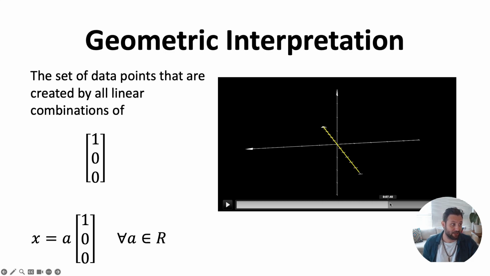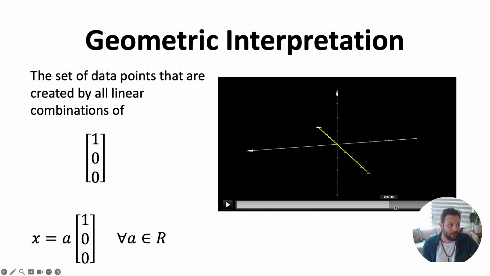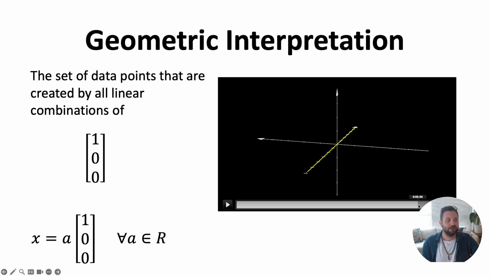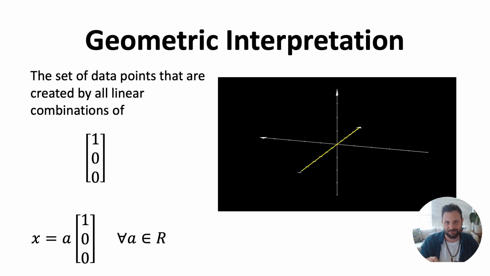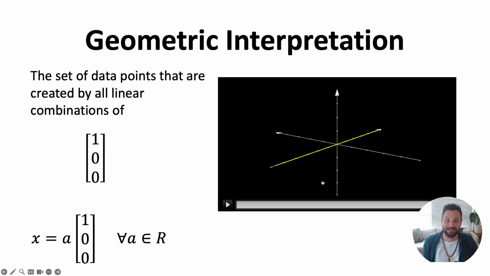All the points are going to live on the direction that's depicted by (1, 0, 0), and I could have points (0, 0, 0), (1, 0, 0), (2, 0, 0), (3, 0, 0), (1.2, 0, 0), and all of these data points have no dimension but the direction that's demonstrated by the x-axis.